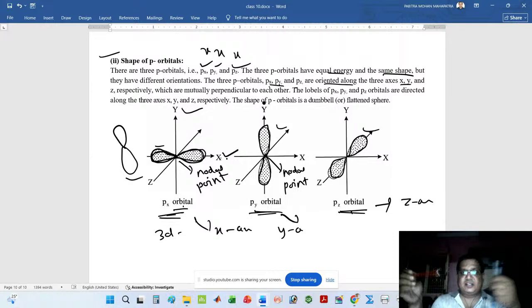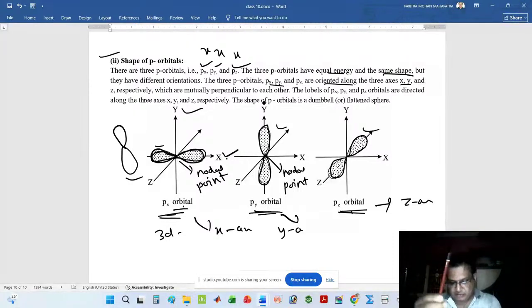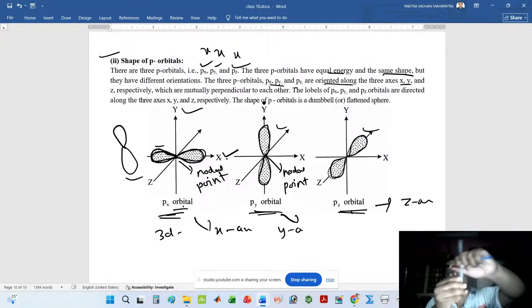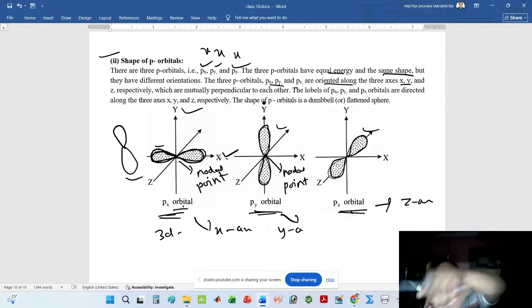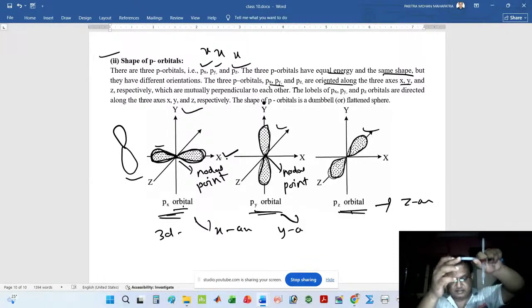This is one pencil, this is one pencil, this is one pen, and this is another pen. If you want to see the three axes, how can you see this? Look at that, these are the three axes. Try to understand. There are three axes here that I have taken. Suppose this is your x-axis.